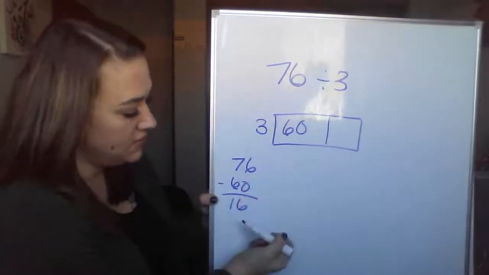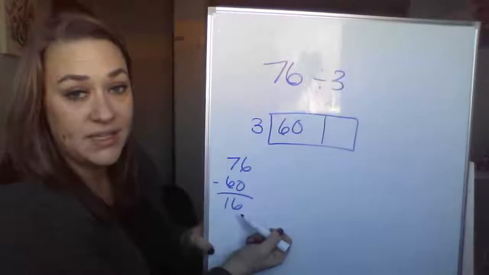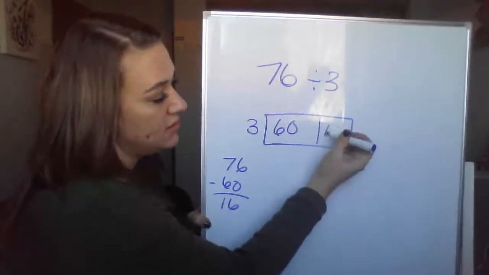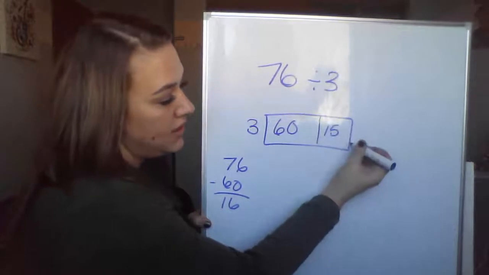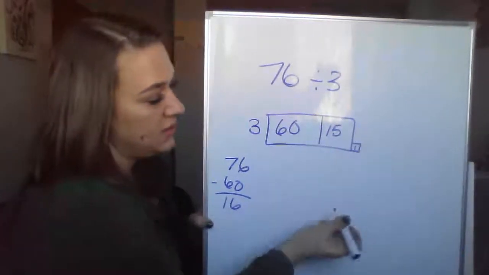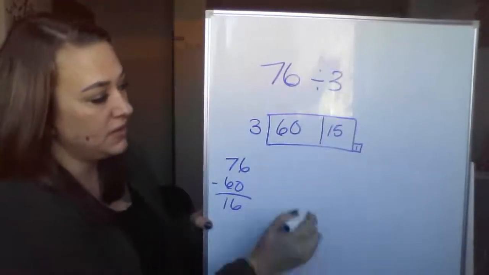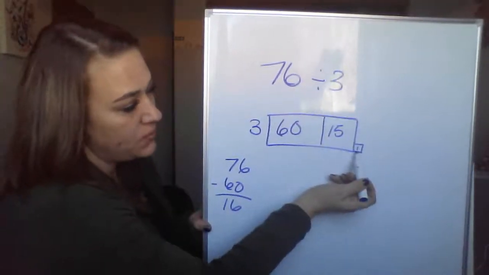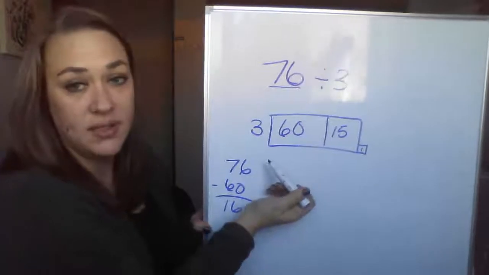Well, 3 doesn't go into 16 evenly, but it does go into 15 evenly. So I'm going to put 15. And then my little remainder guy over here, I'm going to have one remainder. So 60 plus 15, 75, plus 1 gets us 76.